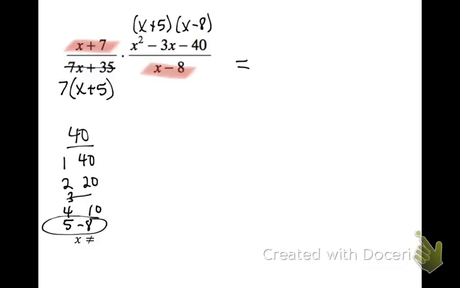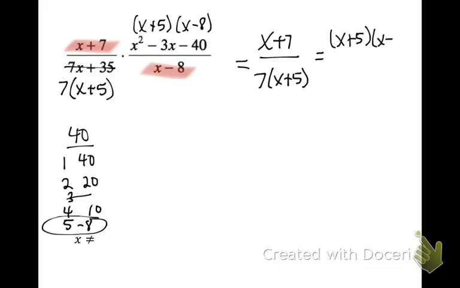Let me rewrite this again so it's a little more neat. Okay, so now we can see on the top that we have a factor of x plus 5, just like on the bottom, so I can cancel those out.